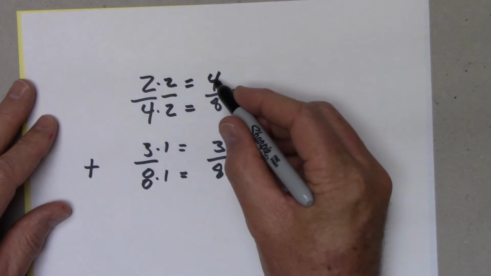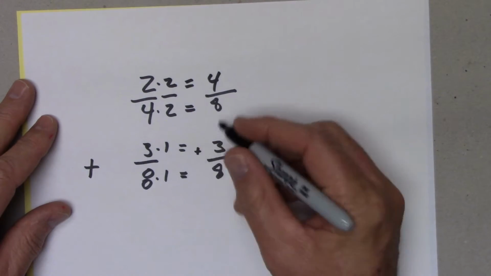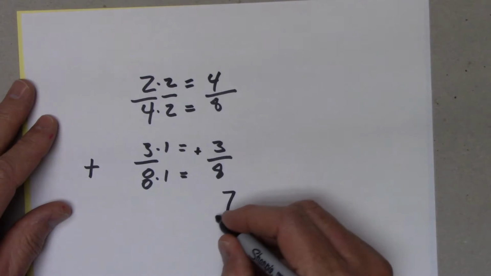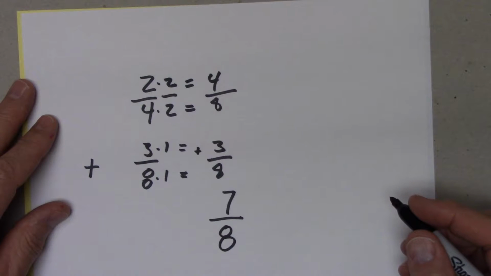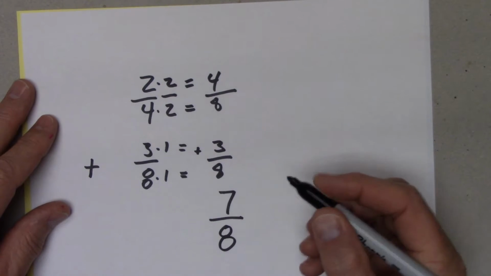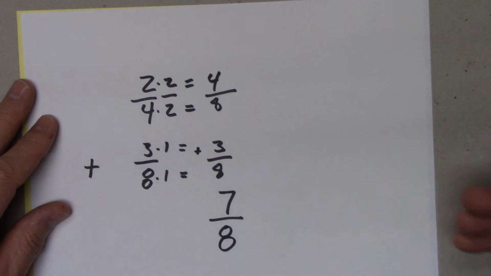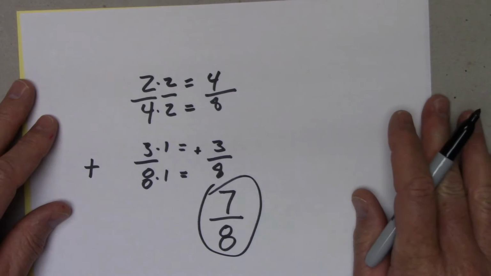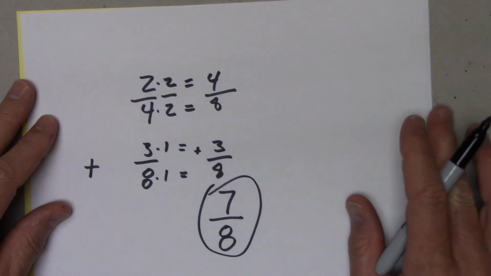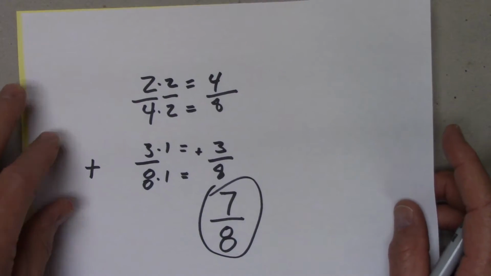And now we're ready to add this. 4 plus 3 is 7/8. You know what? The last time we had a prime number on top and a different number on the bottom, we realized that this means we're done. We don't have to simplify anything because it's done.